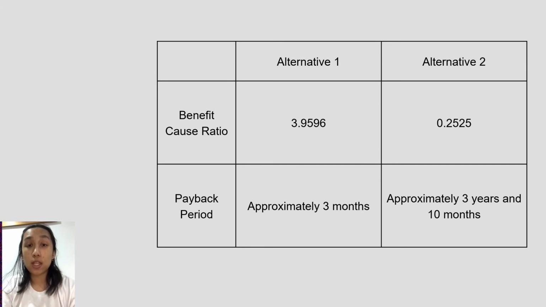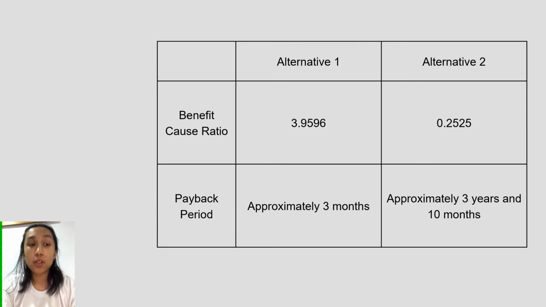Now you could see the benefit cost ratio and the payback period. This is computed by total benefits over cost and vice versa. You can see that alternative 1 has a benefit cost ratio of 3.9596 compared to alternative 2, which has a ratio of only 0.2525.